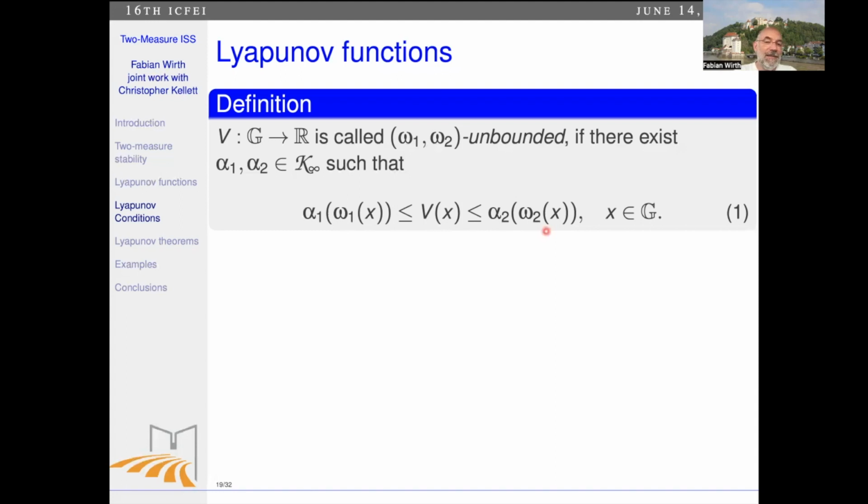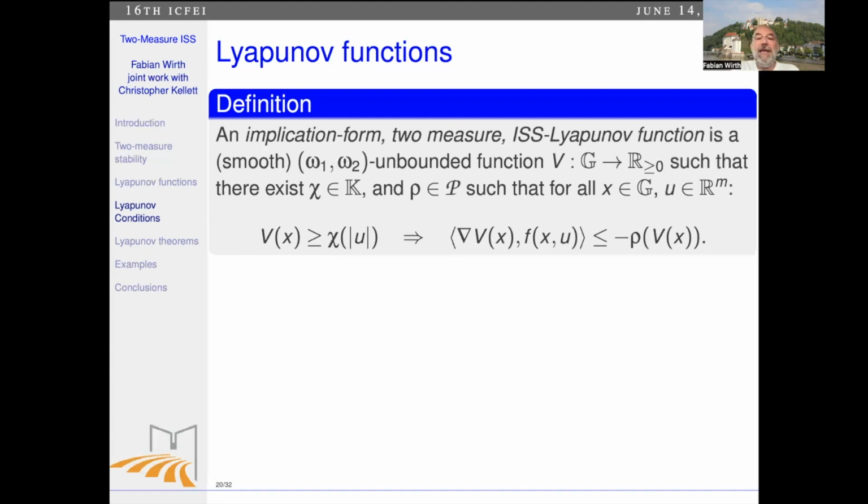Same idea, but we have to adapt to our formulation of what the stability properties look like. And then we can define what it means to have an implication-form ISS Lyapunov function. It's smooth, because we want to differentiate, and the non-smooth case is not the important issue here, so I'll just assume everything is smooth.